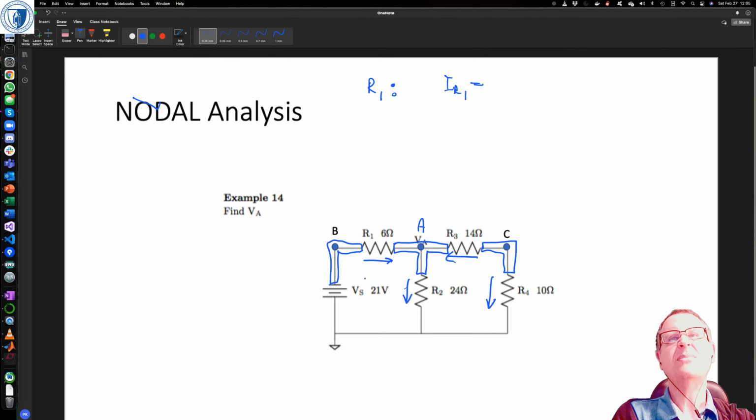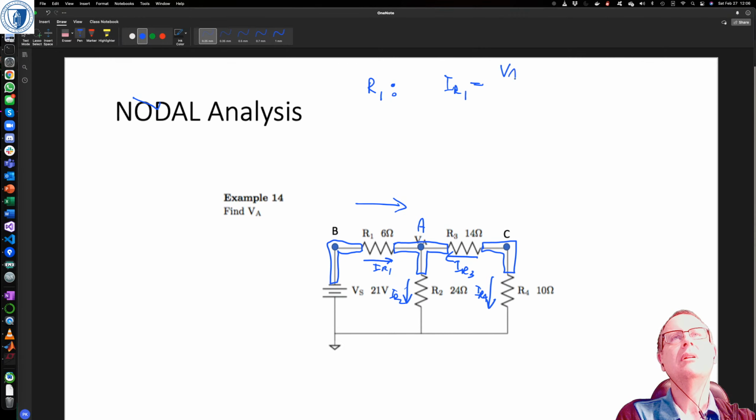So this is IR1, and sometimes it helps to label everything, even though it's clear from the subscript which item it is. IR1 is flowing in that direction, and that means this is assumed to be the high point.